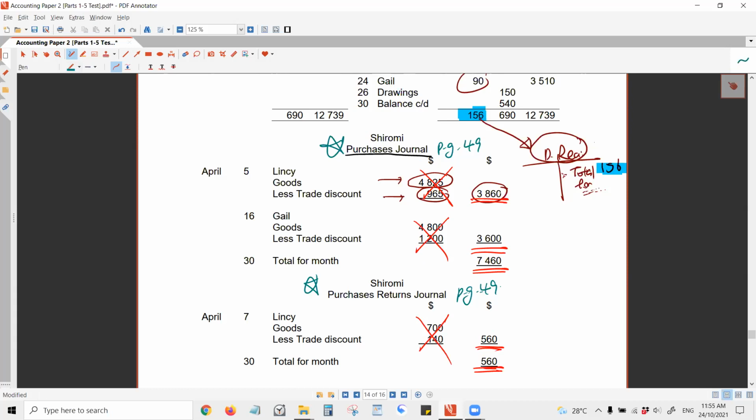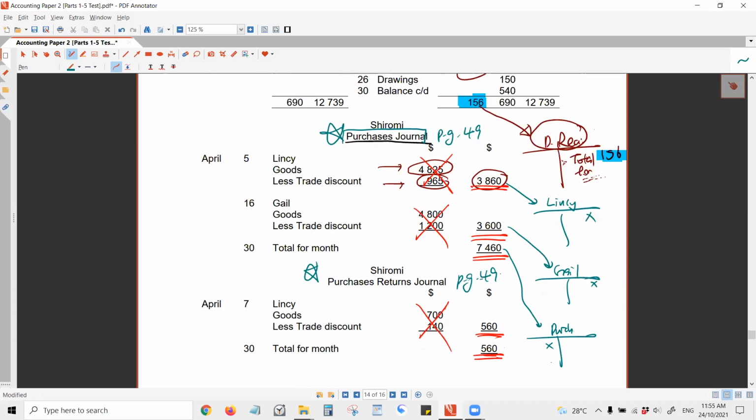So where do you bring these numbers to? 3860, bring it to Lindsay account, credit side, because we bought goods on credit from Lindsay. Because this is the purchases journal, right? So you bring this figure to the credit side of Lindsay account. 3006, carry this to Gil account, credit side. 7460, carry this to purchases account, debit side.